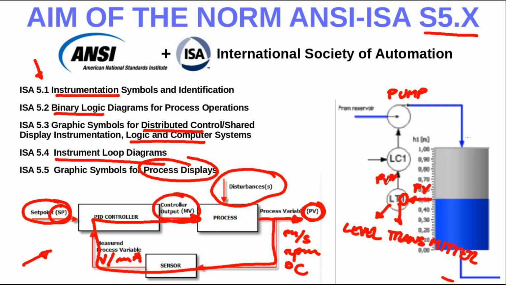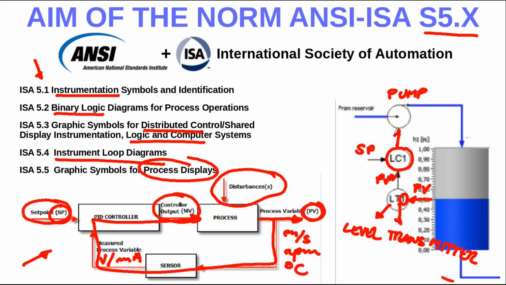This PV is electrical, this PV is physical in general, this is the level, which is translated into an electrical value, which is compared with the set point within the controller, the level controller. This is a transmitter, this is a sensor, while on the other hand here we have a controller, but both are for the level of the tank. That's why they have in common the same first letter, which is L.